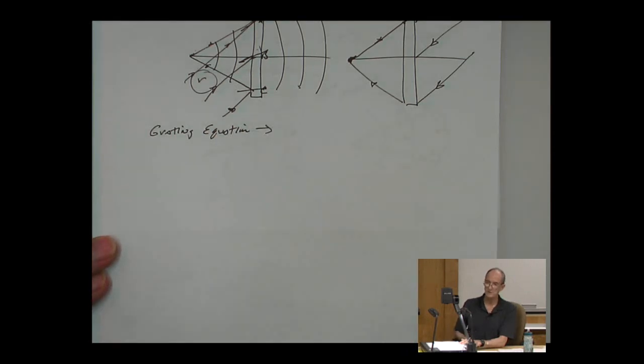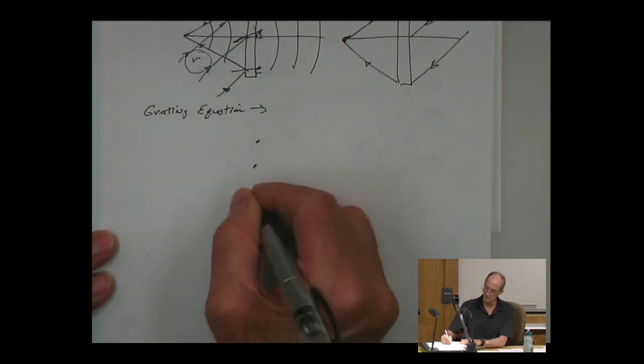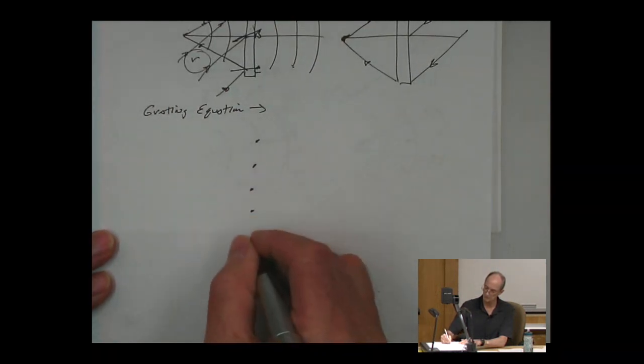And what the grating equation really tells us is the direction of the diffracted orders from a set of point scatterers. So we have a set of point scatterers that are, again, periodically spaced.